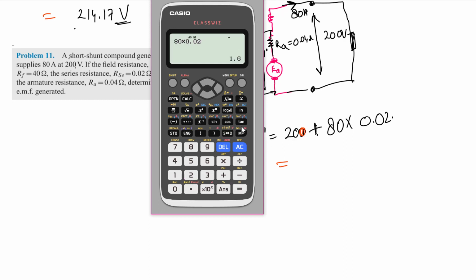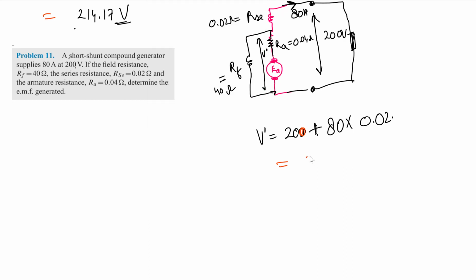So 200 plus 1.6 is equal to 201.6 volt. We got this voltage.